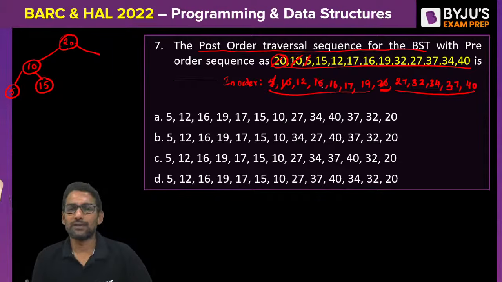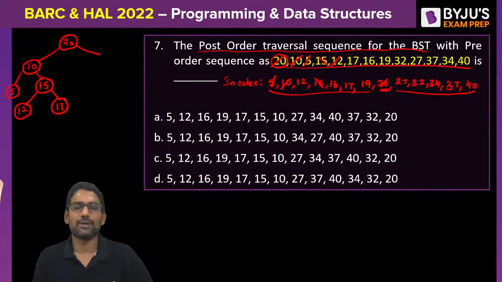When 15 is parent, 12 is towards the left of 15 and 16, 17, 19 would be towards the right. Now in 16, 17, 19, 17 is upfront. So 17 would be parent, 16 would be towards the left, 19 towards the right.